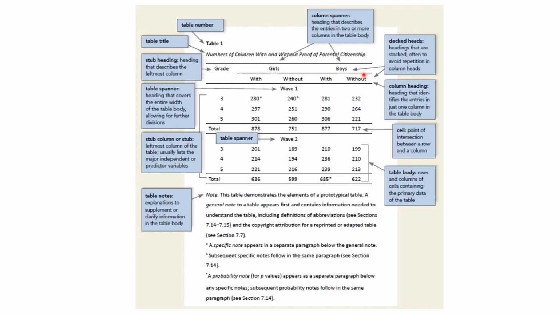So if you have abbreviations in your table, you have to place the explanation or the definition of those abbreviations here. A specific note appears in a separate paragraph below. So if you have a specific note, it would look like this one. Okay, so this is an example of a table.